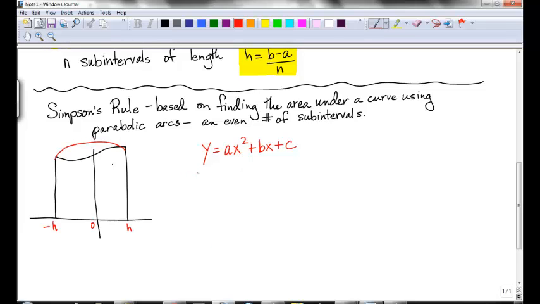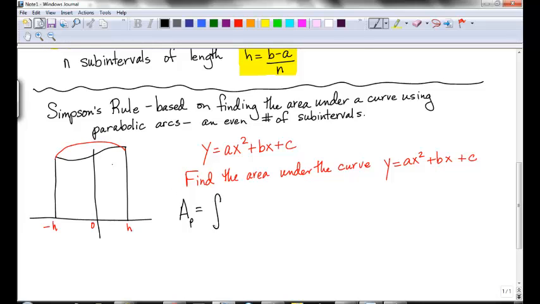So we're really going to find the area under the curve y equals ax squared plus bx plus c. They label the area using a sub p for parabolic arcs, just to remind you what it is.